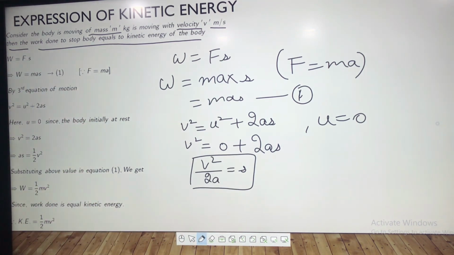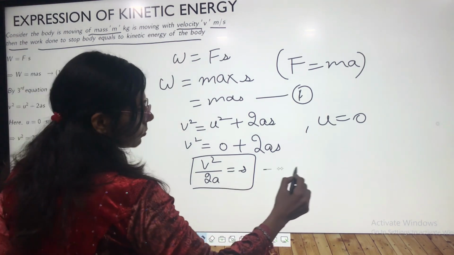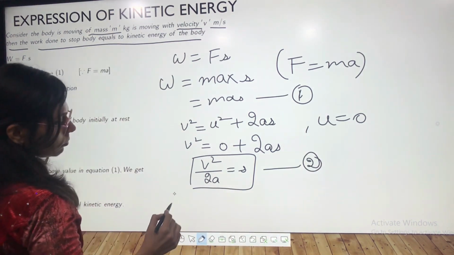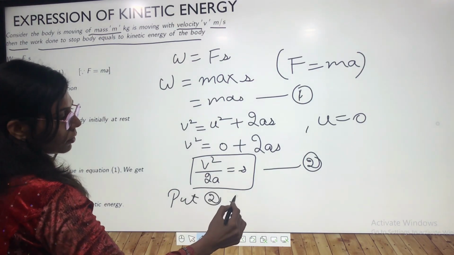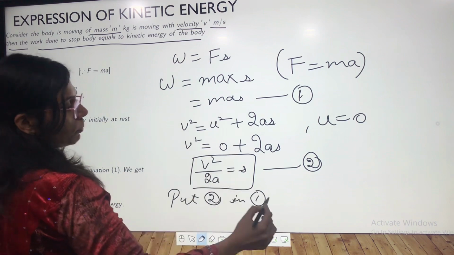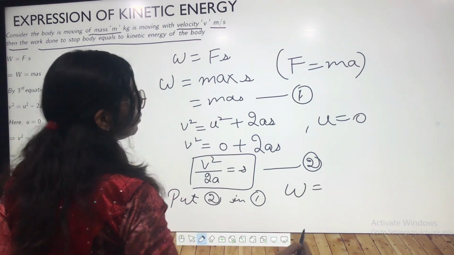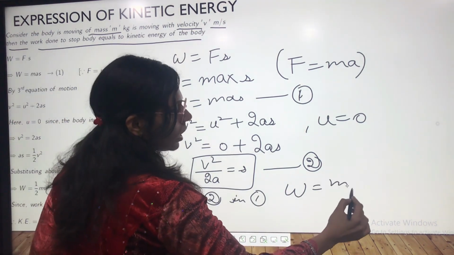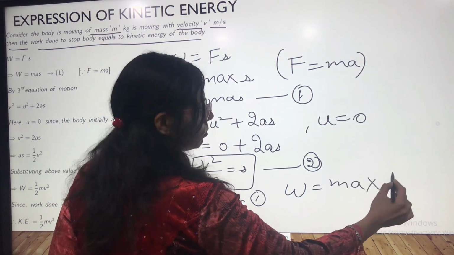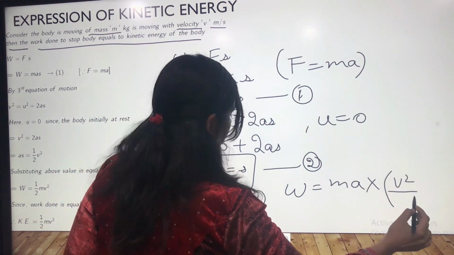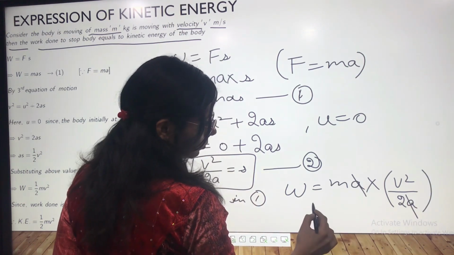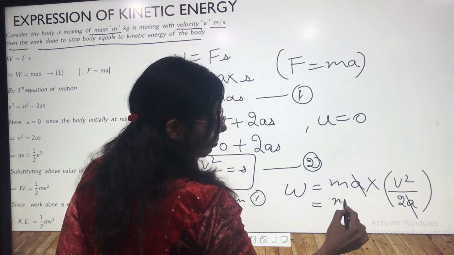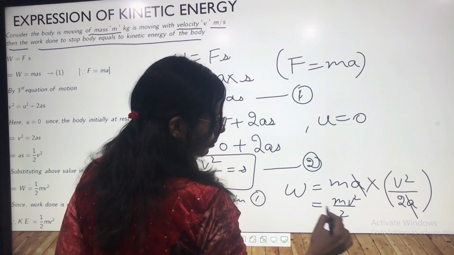Now we will substitute this value, putting the value of s from equation 2 in equation 1. Work done will be equal to mass into acceleration into v square upon 2a, and that will be mv square upon 2.